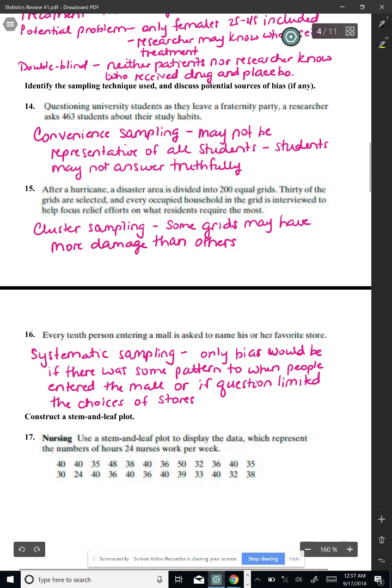Some potential source of bias would be that some of the grids might have been more heavily damaged than others. So those in the more heavily damaged areas might need different requirements than the others. So that would be a potential source of bias. Or if it was extremely heavily damaged, those households might not even be occupied, so they wouldn't be getting results from everybody.